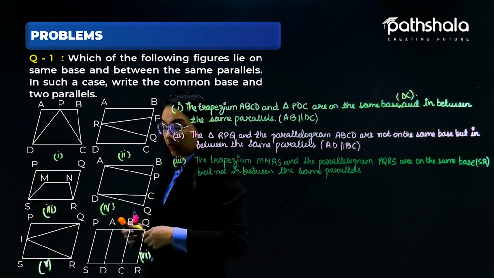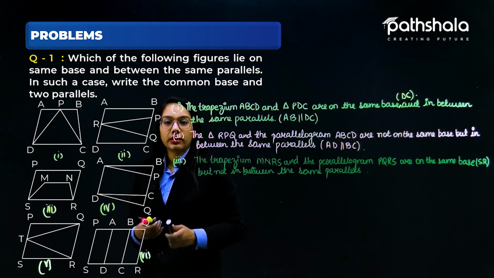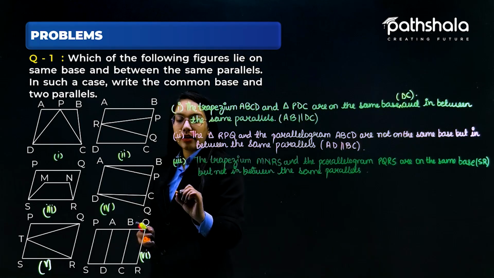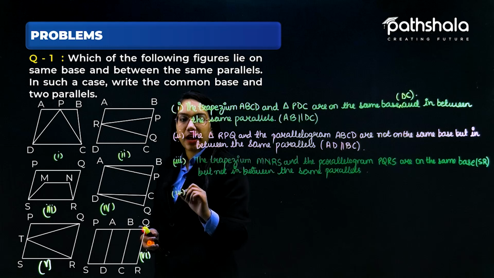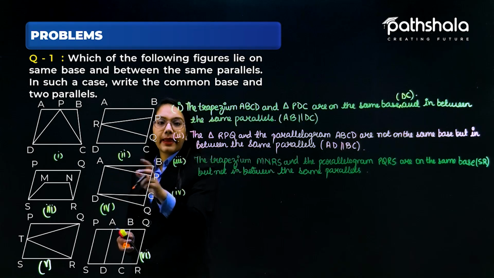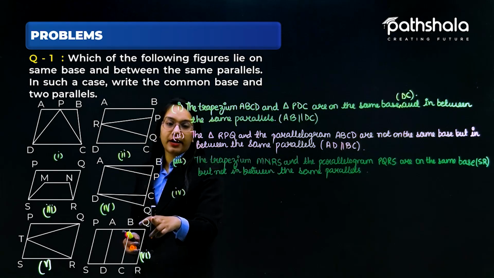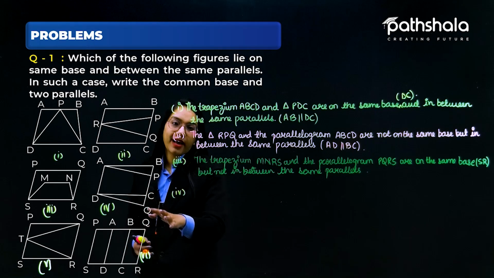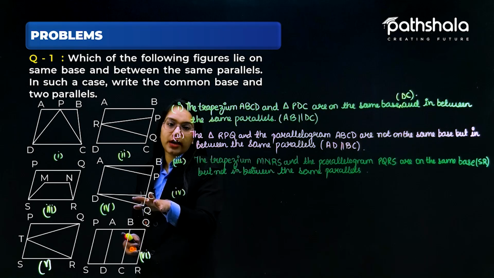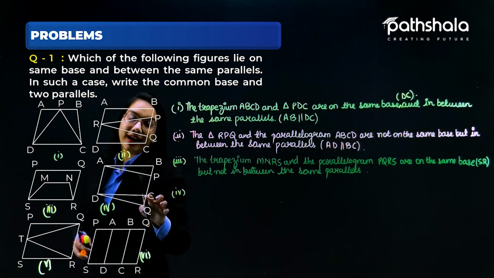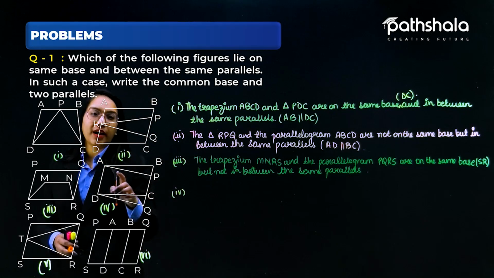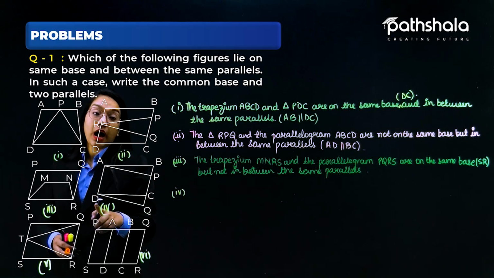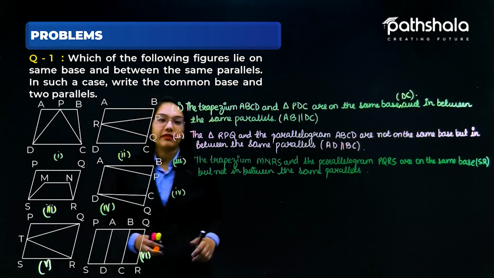Furthermore, let's talk about the fourth one. In the fourth one again, we have a quadrilateral ABQD, and a trapezium APCD. They are lying on the same base, which is AD, and furthermore they are in between the parallels.